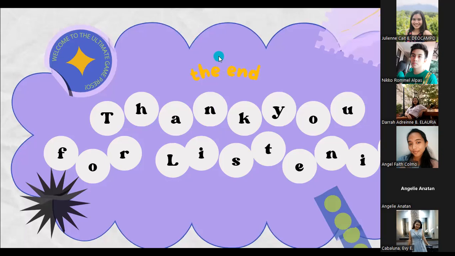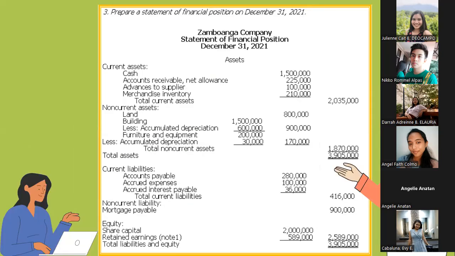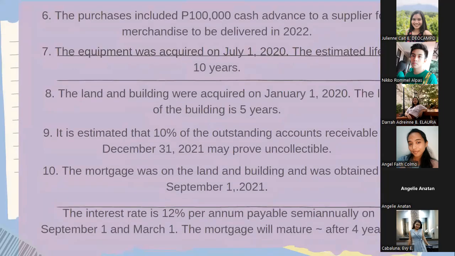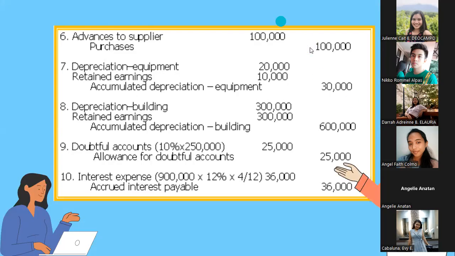Accumulated depreciation of building is how much? The equipment is 10K, ma'am. Only 10 in total? It is only one year, last year. The total is only 10 on the equipment. Okay, never mind.